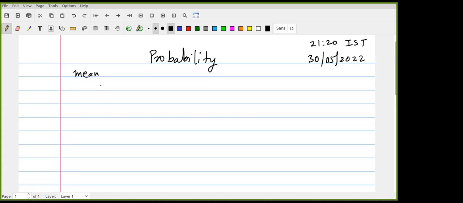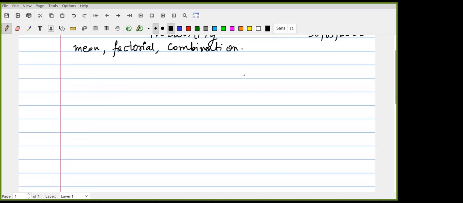Okay. And I'll introduce this. This is going to be required: factorials and combinations. These three things are very basic stuff, but we'll just revise them. Okay. So first, let us start with the idea of mean.